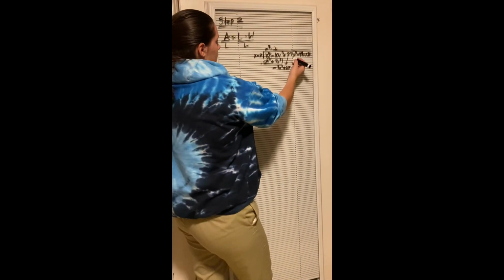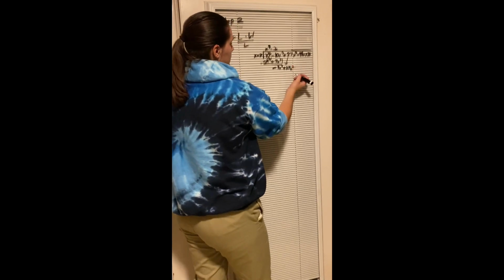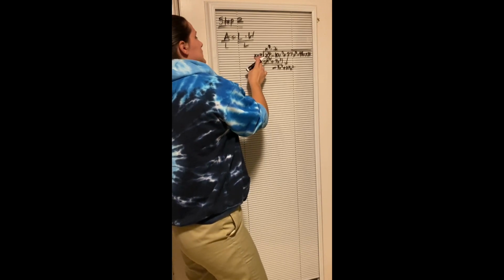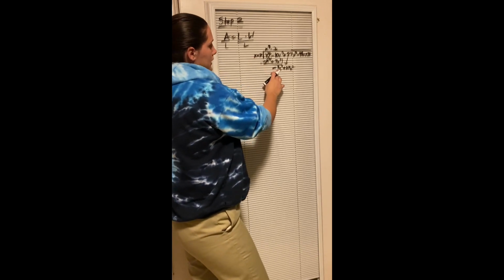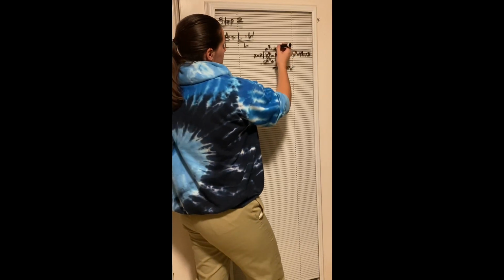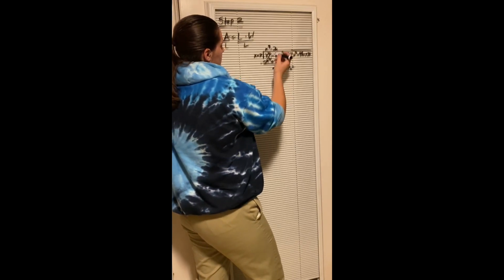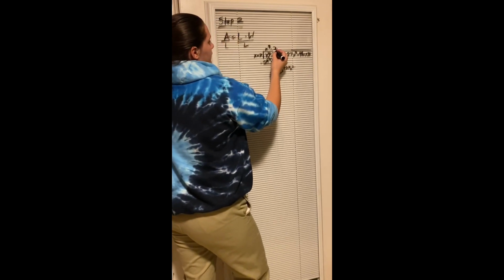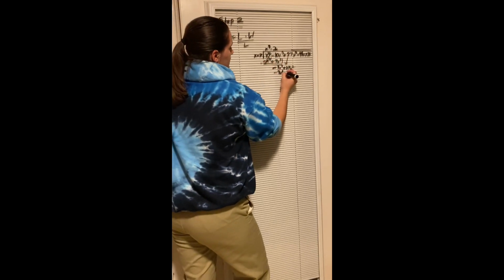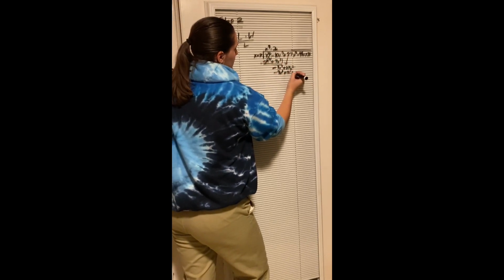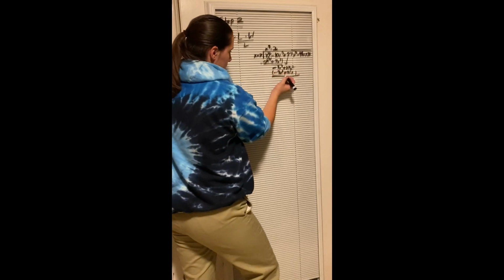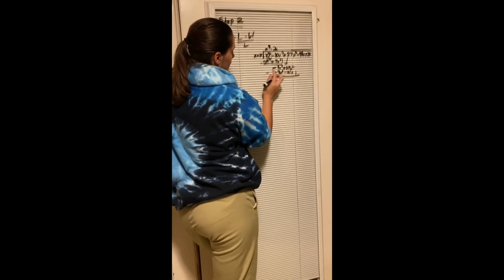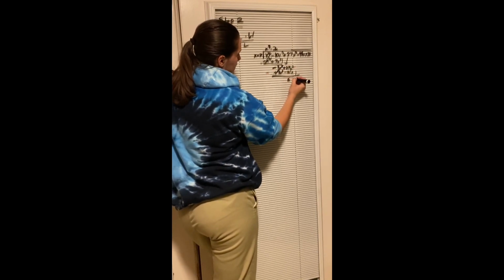So after you bring down your 27x squared, you then go x times what equals negative 3x cubed, and that's negative 3x, and you get negative 3x cubed. Negative 3x times negative 7 is positive 21x. And you distribute, which will leave you positive and negative, canceling these, leaving you with 6x.